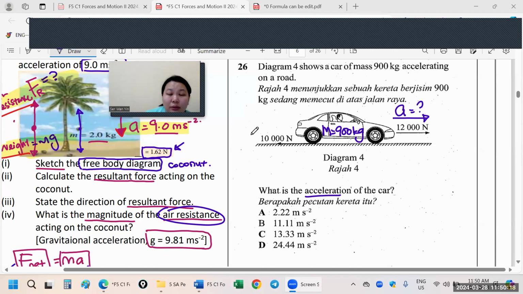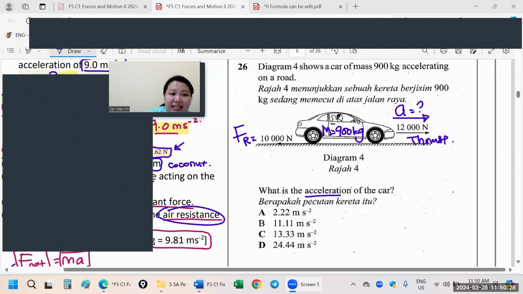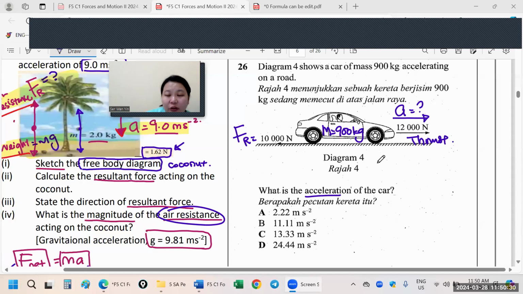So now we got all of the info already. Actually, this is the frictional force. This is the thrust force. What is the formula? Yes, Savendra, very good. Please write net force equals to MA.